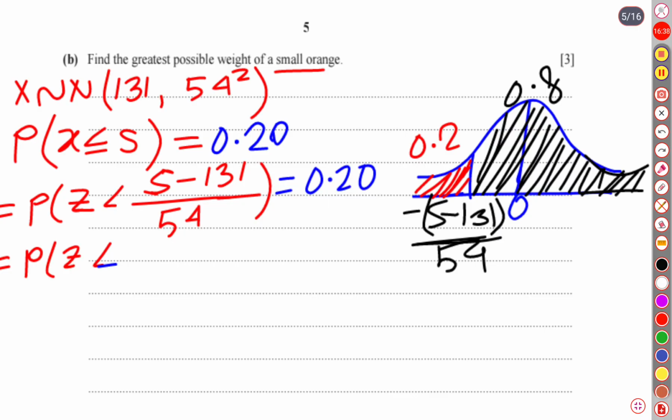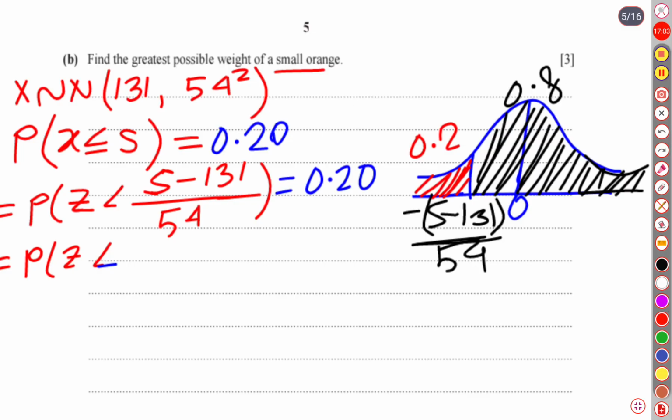When the probability is 0.2, then our z score is going to be, mm, actually if two probabilities are there, 0.2 and 0.8, always we will look for the greater probability, because the probabilities given in the normal distribution table are more than 0.5. So always we will choose the greater probability. So here the greater probability is 0.8, and the z score will remain the same.